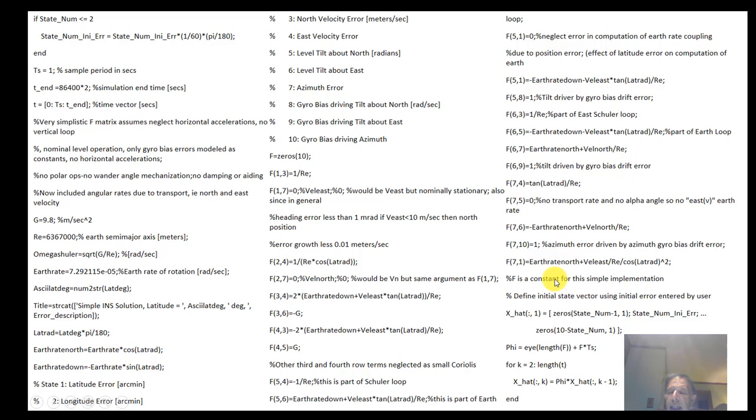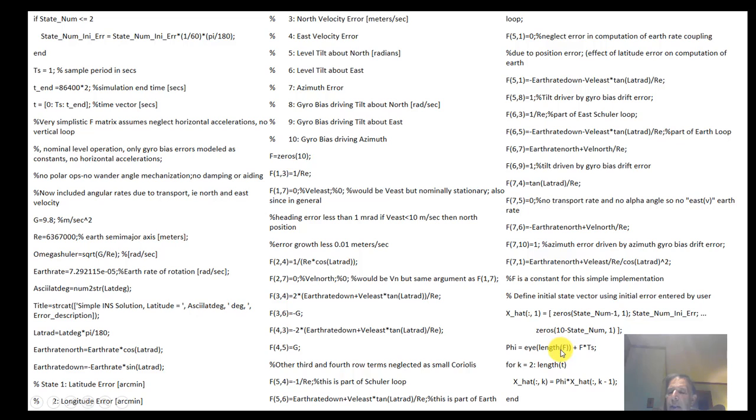So once we have the F matrix, or the dynamics matrix, we determine, for this case, a simplified transition matrix, which is determined as the identity matrix plus F delta T plus, if you want to take it out to more terms, F squared delta T squared over 2 plus F cubed delta T cubed over 3 factorial.